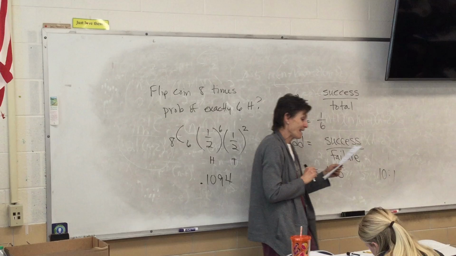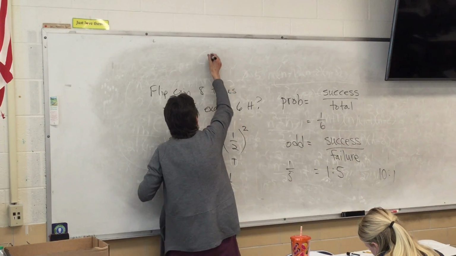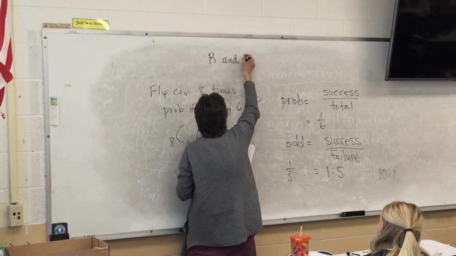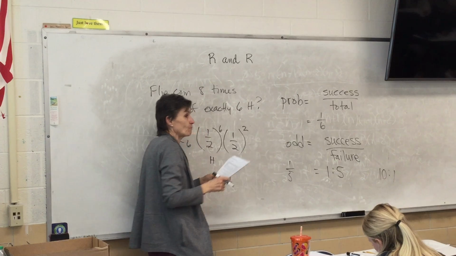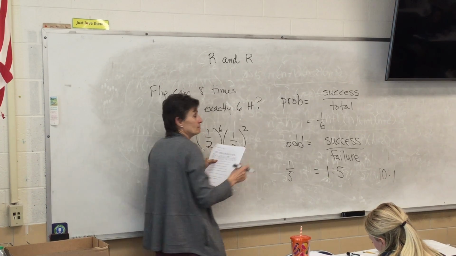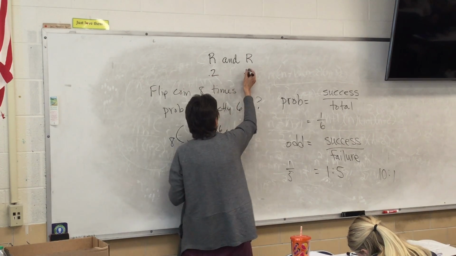Candy is chosen from each bag. What is the probability that they will both be red? In other words, I want to get a red one from Maggie, and I want to get a red one from Elizabeth. Well, what's Maggie's red? 0.2. What's Elizabeth's red? 0.3.